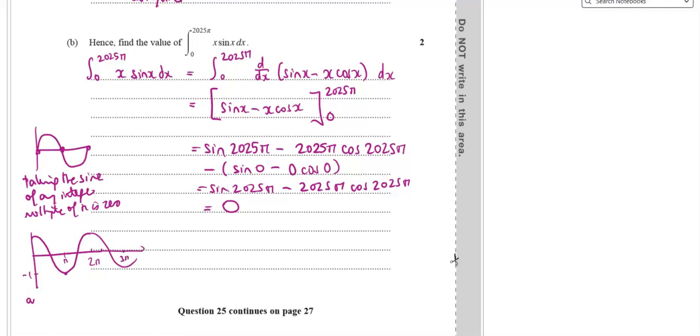So an odd number of pi, when you take the cos of it, equals minus 1. So we've got minus 2025 pi, and 2025 is certainly odd, so that is minus 1. So those two negatives will cancel out. We'll get 2025 pi as our answer.